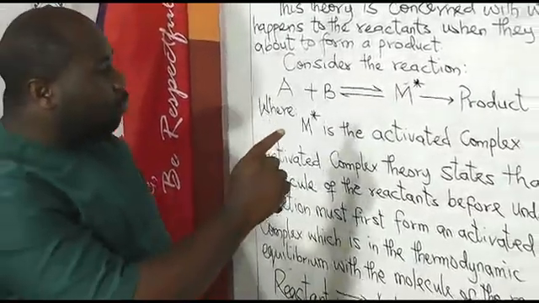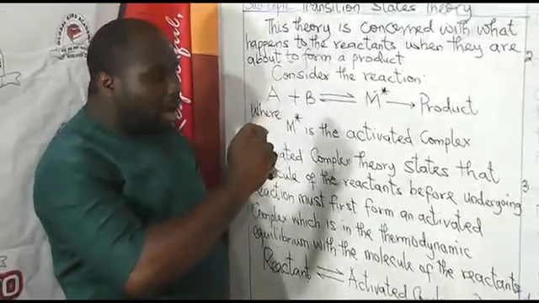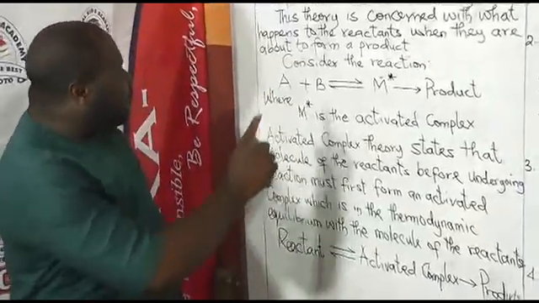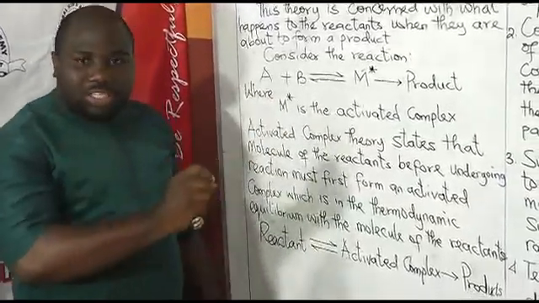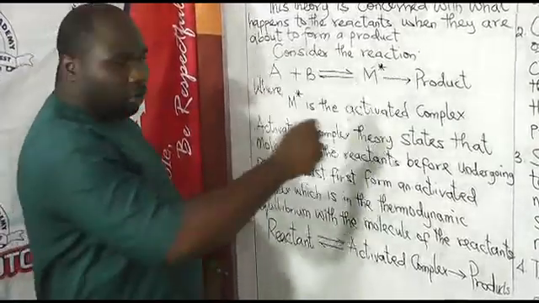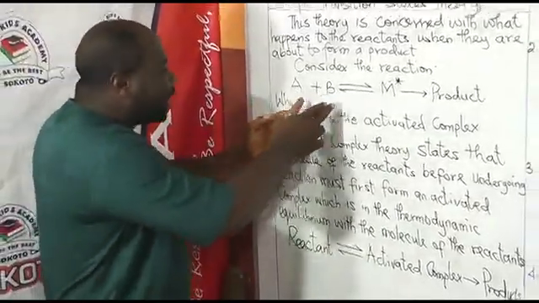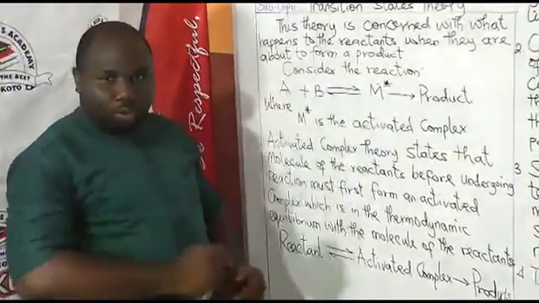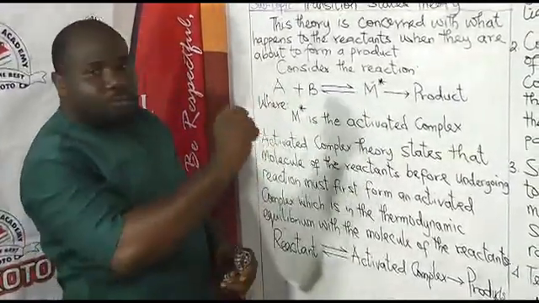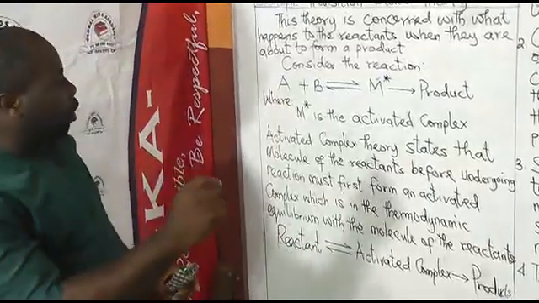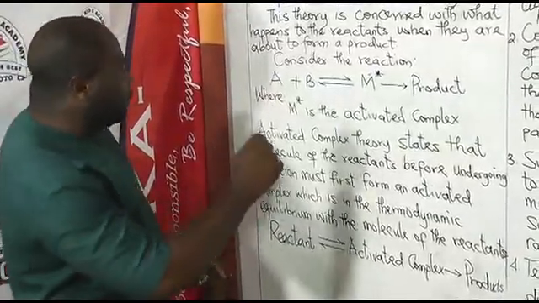And from what we learned last week, not all collisions can result in the formation of product. That is the reason why this reaction cannot automatically lead to product. Why? Because there are some factors that must be put in place.